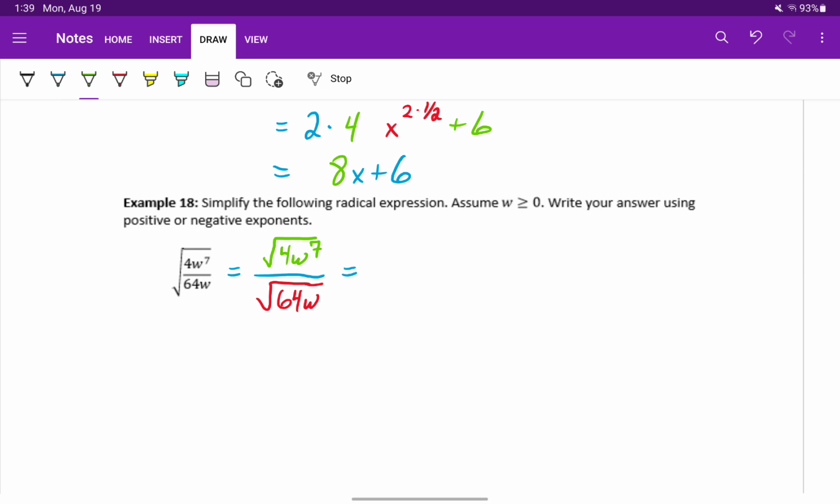The first thing we can do is simplify just what we have in the numerator. So we would break this up into the square root of 4 times the square root of w to the 7th power, which would give us 2 times the square root of w to the 7th power. Similarly, in the denominator, this would become 8 times the square root of w.